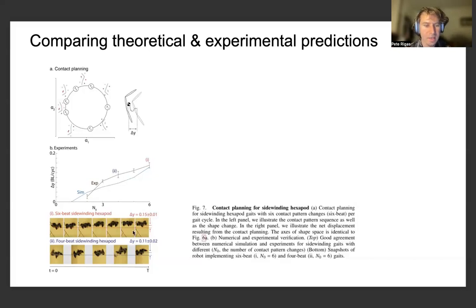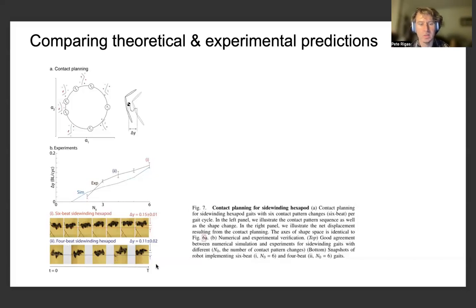And they demonstrate how if you let this hexapod robot undergo some trajectory from time equal to 0 to some later time, big T, you can observe some type of displacement in the X and Y directions, namely each degree of freedom in the environment that the hexapod robot is exploring, which can be determined by whether it's a 6-beat sidewinding hexapod or 4-beat sidewinding hexapod.